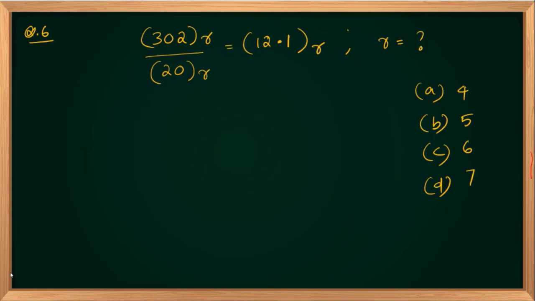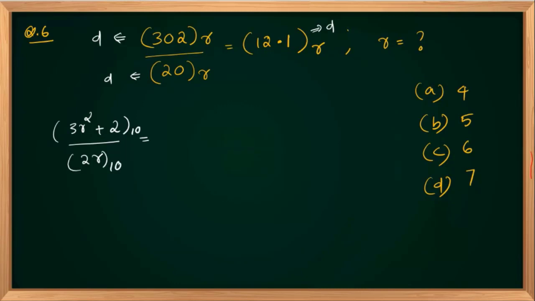Division we are not comfortable with, so we have only one option. Convert this numerator into decimal, denominator also into decimal, right hand side also into decimal, then solve for r. So numerator will be 3r square plus 2 upon 2r equals, this is the decimal equivalent, and this is also the decimal equivalent.